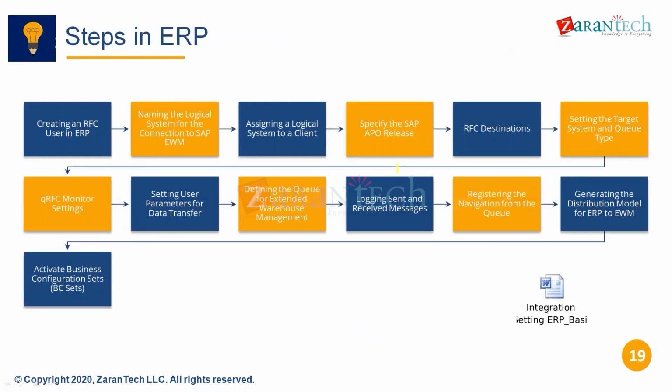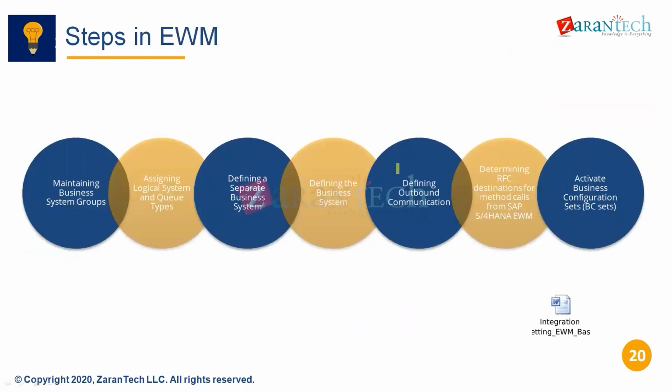So here come the steps from the basis side. Basis will execute some steps on the ERP system as well as EWM. These steps will vary depending on your EWM version, whether you are using a decentralized system or embedded, and in embedded, which system you are using. So the basis team has to do the settings.